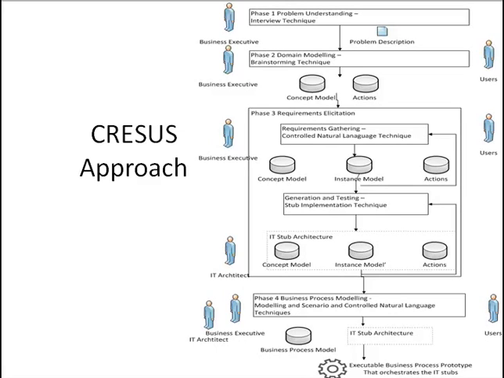The generation and testing phase incorporates stub implementation as a requirements elicitation technique. The stub implementation is automatically generated from the concept model, instance model, and actions. The stub implementations have limited functionality and interactivity.